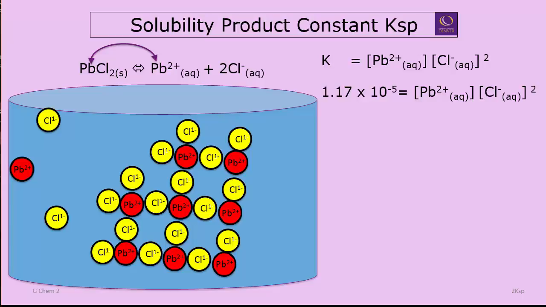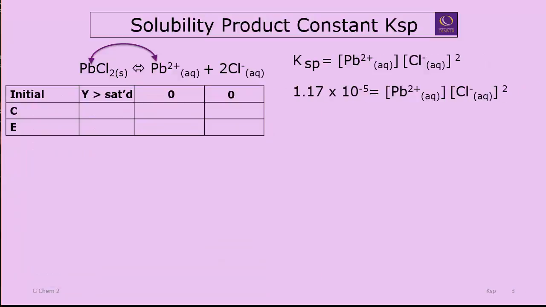So in essence, if I could tell you that lead 2 plus is 4 molar, then that would mean that 4 moles of lead 2 chloride dissolved in a liter of water. So just kind of wrap your head around that: the metal cation is 1-to-1 with the amount of salt that dissolved. And that's again why we call it the KSP.